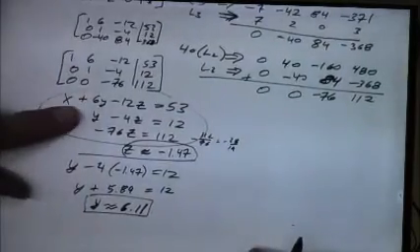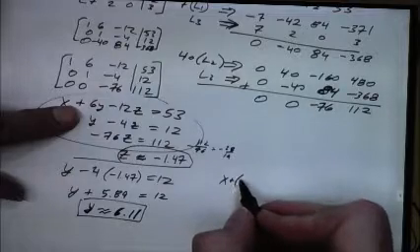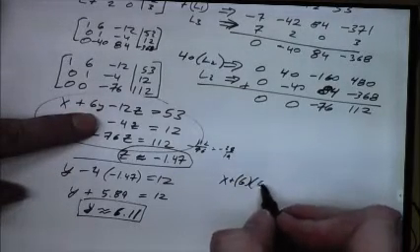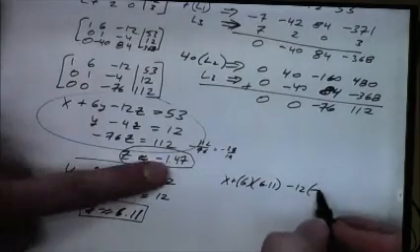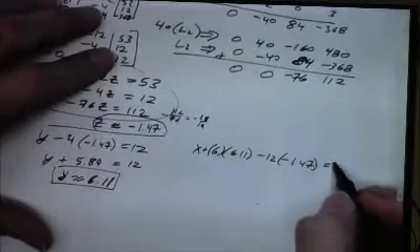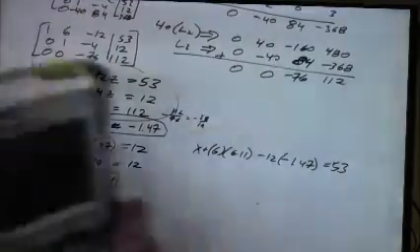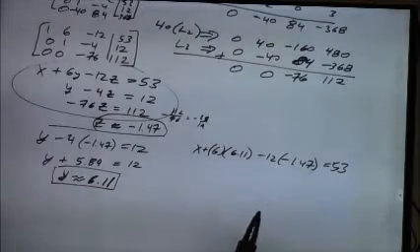Well, we also know the x's here, so it's going to be x plus 6 times 6.11 minus 12 times negative 1.47 equals 53. It's a pain to do with all the decimals, but it's probably easier than doing it with the fractions.